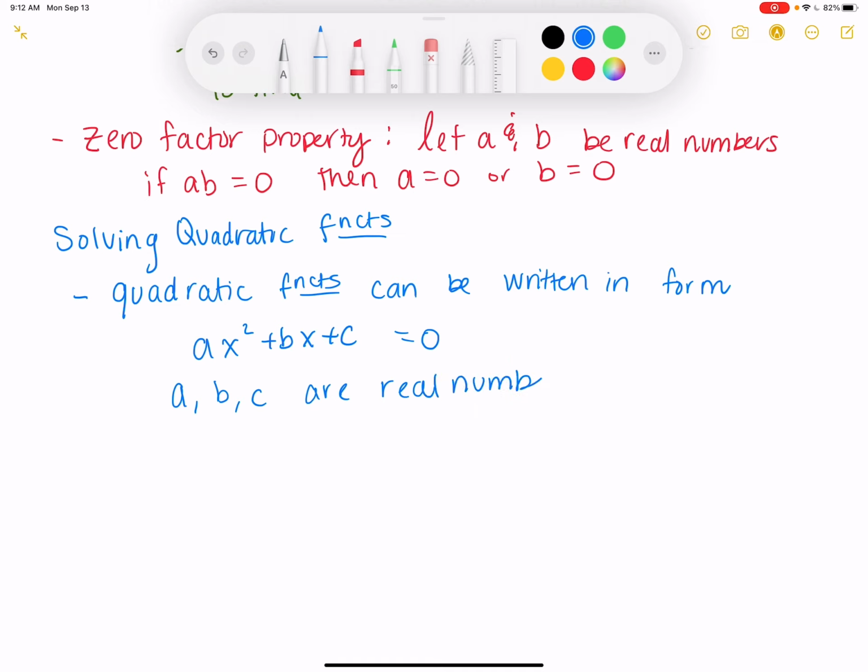And in order for it to be quadratic, a cannot be equal to 0.